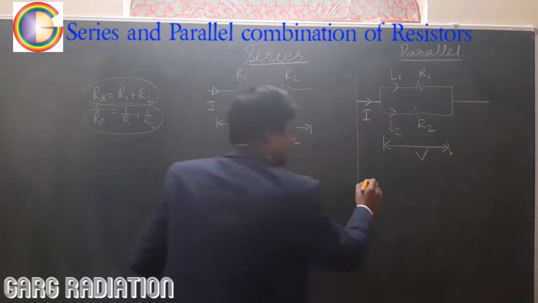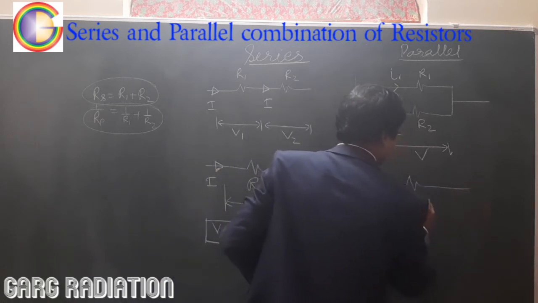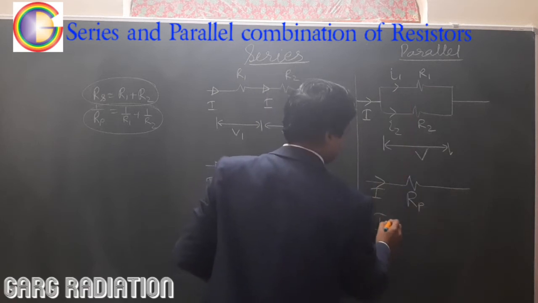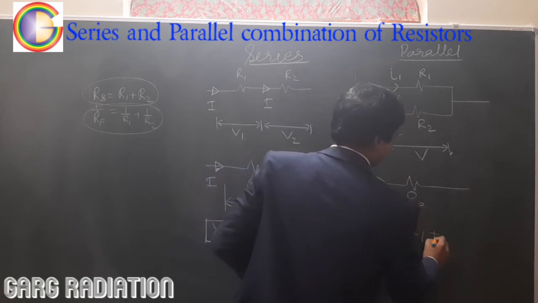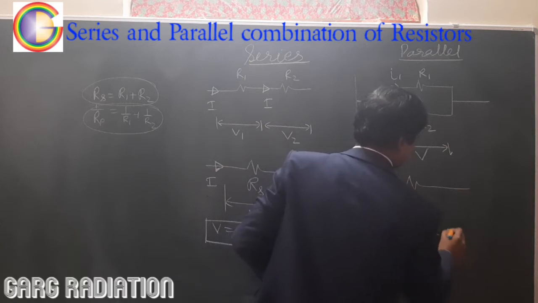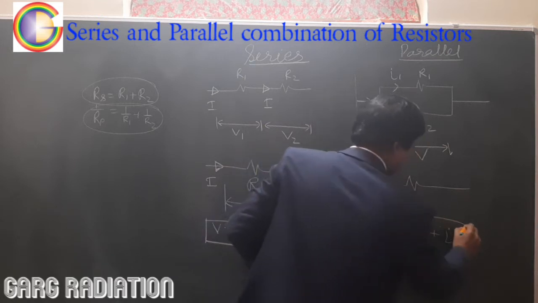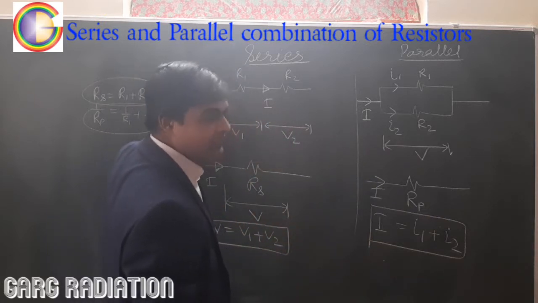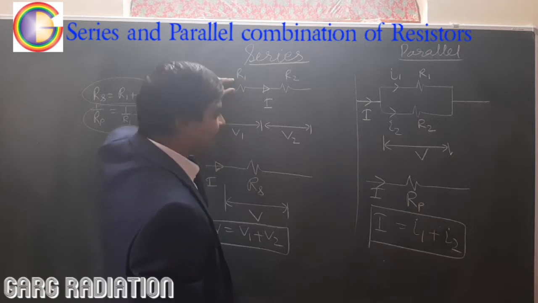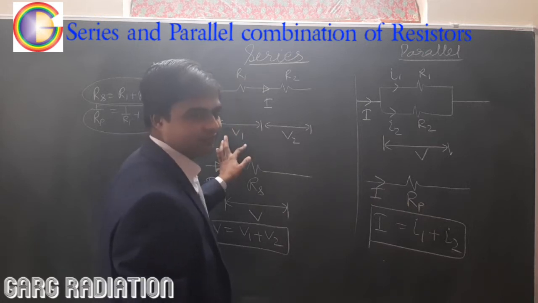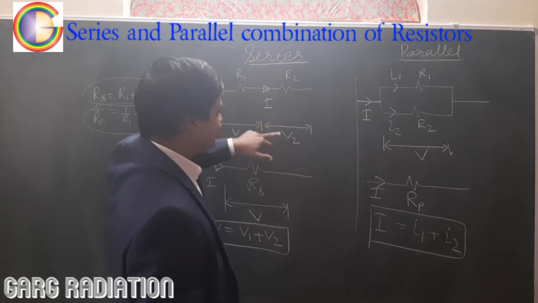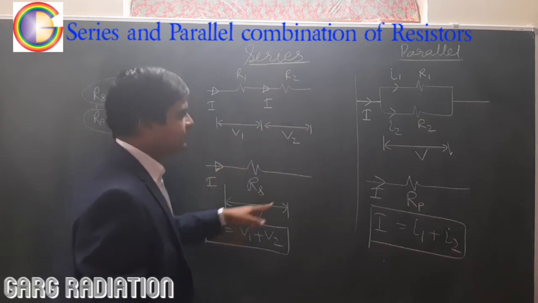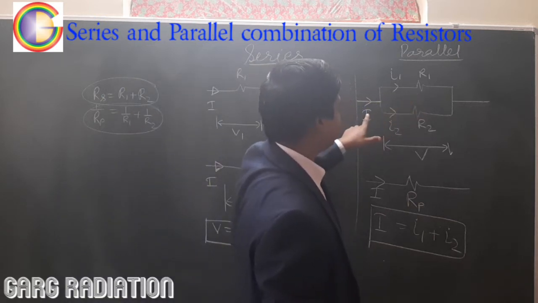If we have Rp, the equivalent resistance, the current will be the sum of these two currents, so I will be simply I1 plus I2. Wherever you have to find the potential difference, see what the current and resistance are; the product of current and resistance will give voltage.